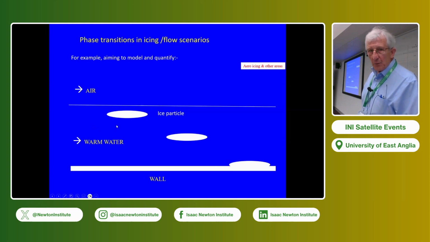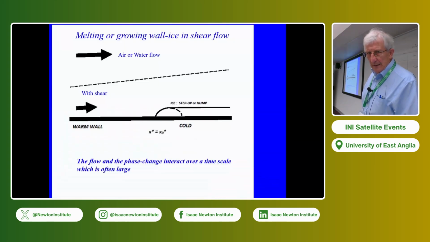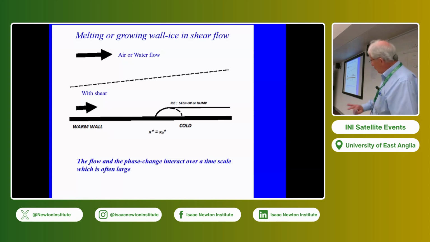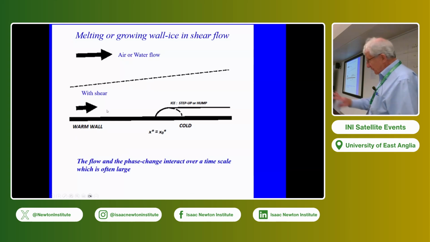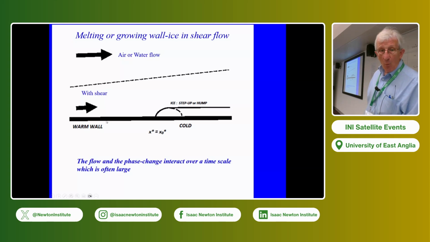So instead of doing that, let's do something that we can understand, hopefully, and that's having an ice lump or step up on the airfoil surface, a solid surface. So in this setup, there's shear flow of the air above a water layer, as on an aerofoil, and a warm wall, and then a cold patch of wall on which the ice is sitting.